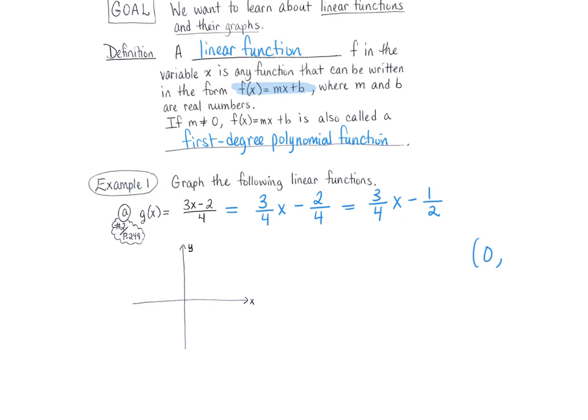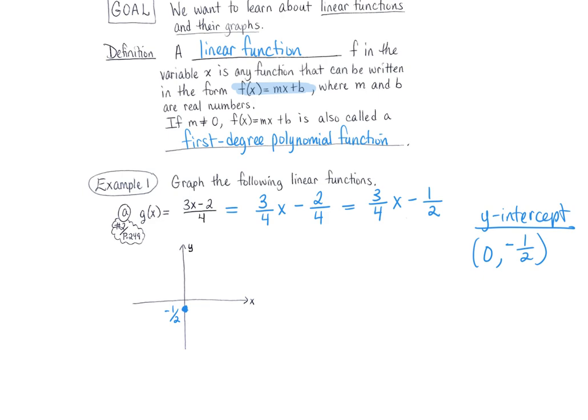What is our y? Negative 1/2. Good. So our y-intercept is 0, negative 1/2. Okay, so we have our y-intercept.